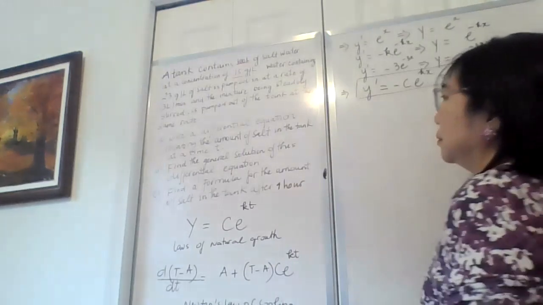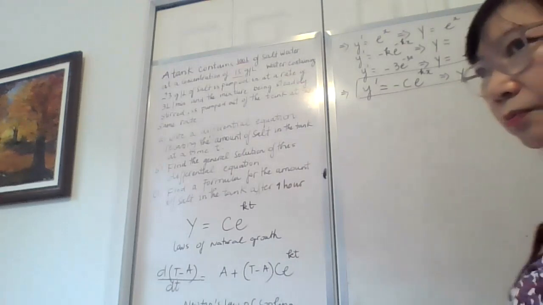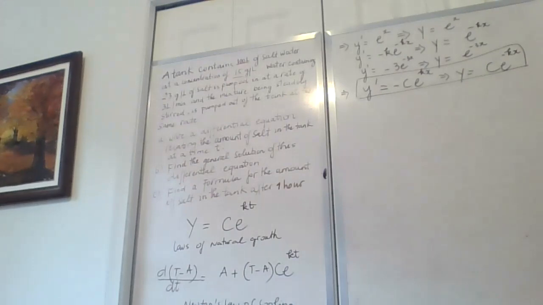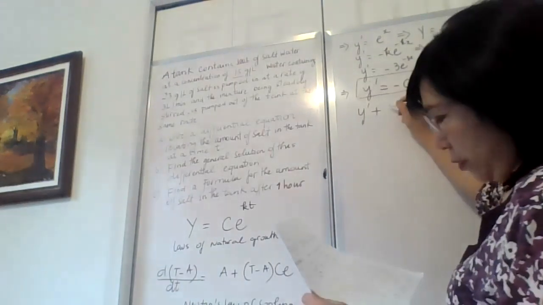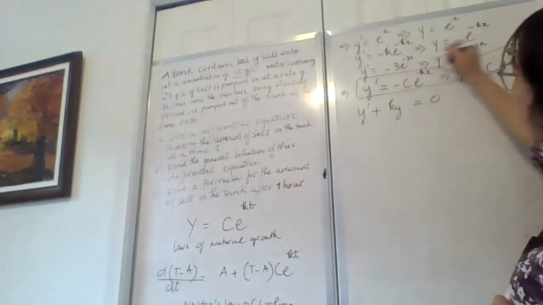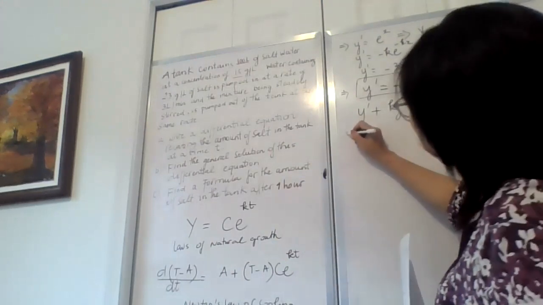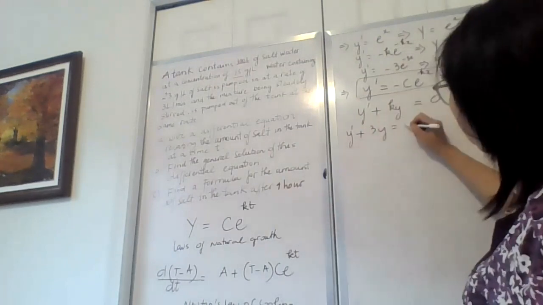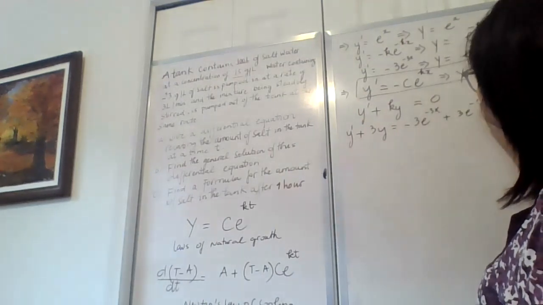So now, one more thing I want to go through with you, and that I call the important note. Basically, if you have y prime plus ky equals 0, it is the same as if you write, for example, y prime plus 3y equals minus 3e to the minus 3x plus 3e to the minus 3x.